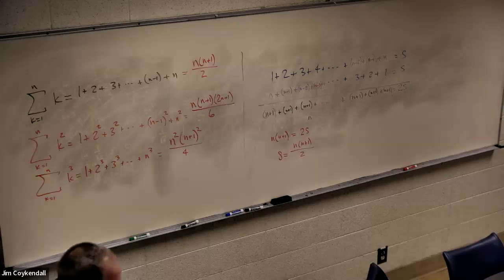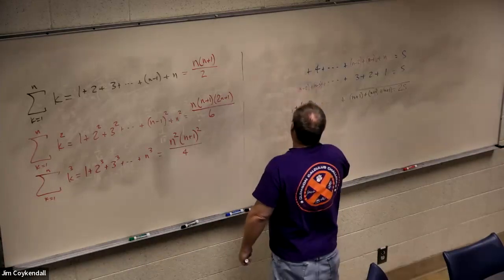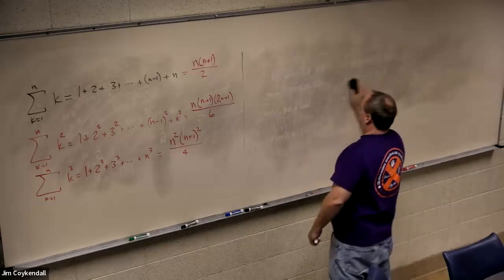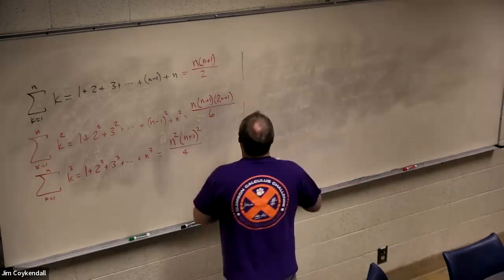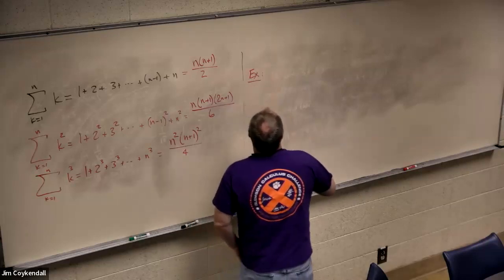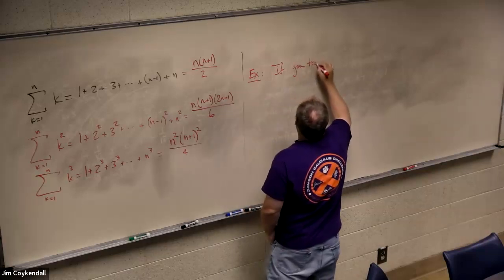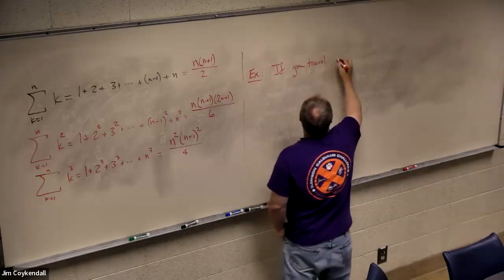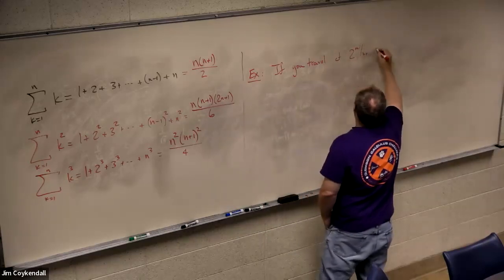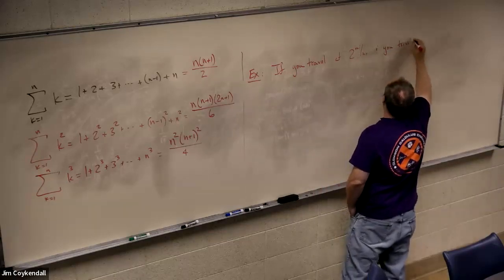Now, we can get some areas under the curve. So here's another motivating example. Say you're traveling 2 miles per hour in traffic for 2 hours.